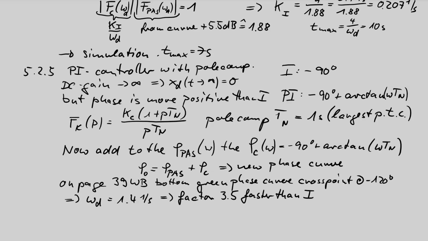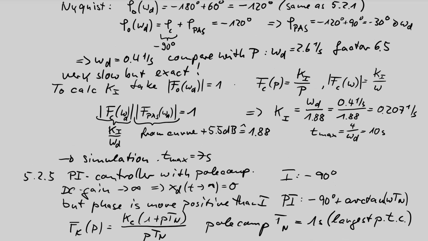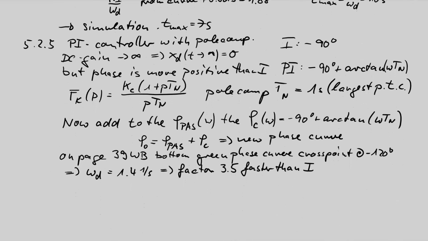So many applications run with PI controller, because the PI controller has zero control error caused by the integrator and is acceptably fast, but note that this PI controller cannot reach the speed of a P controller. P controller is faster, has control error, but is faster.